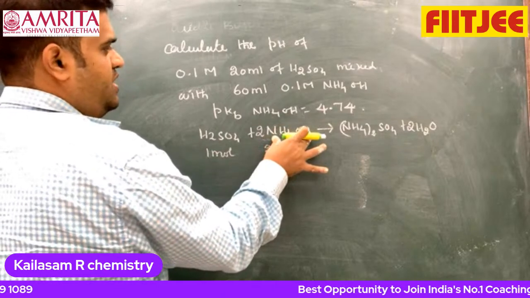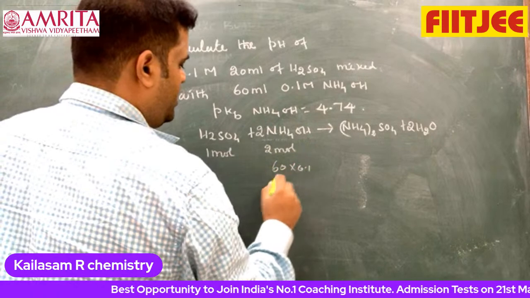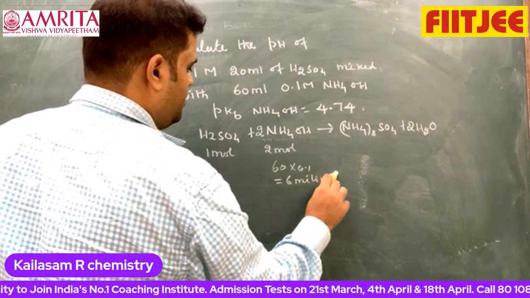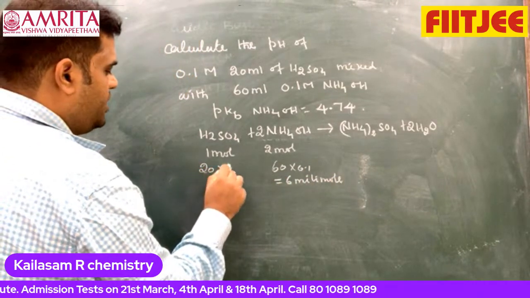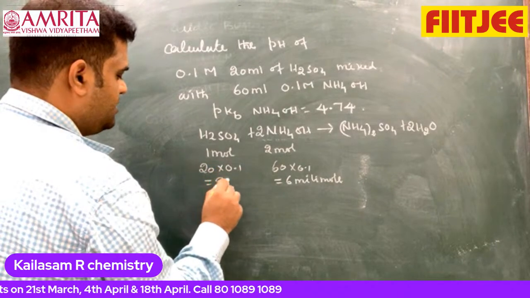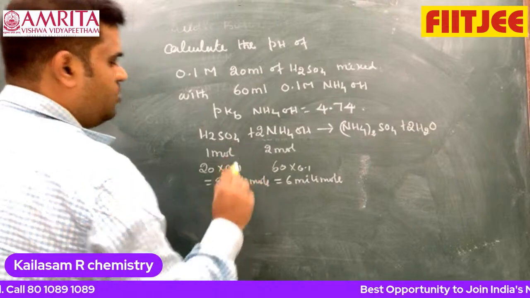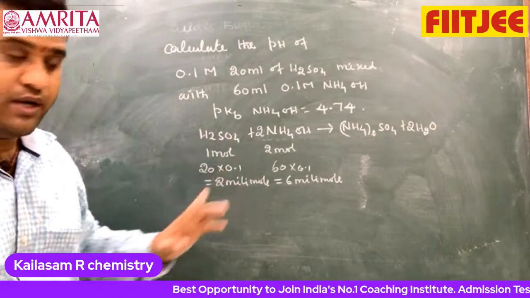Now ammonium hydroxide is 60 into 0.1, I can write 6 millimole, and this will be 20 into 0.1, I can say 2 millimole. Listen carefully, this question is very important.